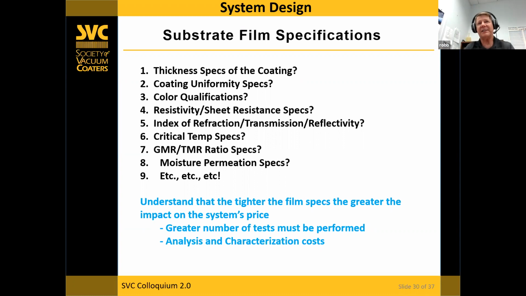So the question is coming up with film specifications that capture the core criticality of what you're trying to make, and not going so overboard that the vendor or the people trying to do the work for you start escalating the price based on your film requirements. So understand what film requirements you need, and have a talk with your vendor as to how practical these specifications are, and do you really need them?